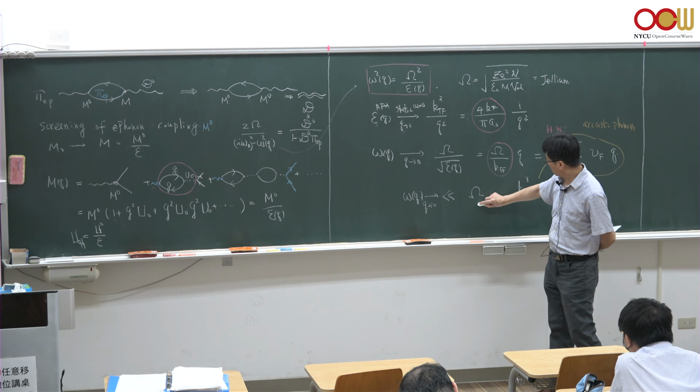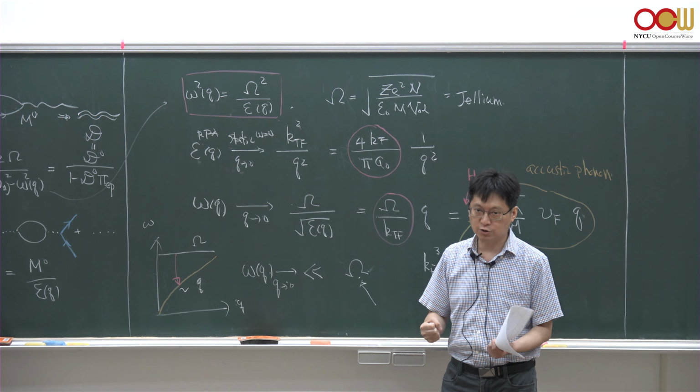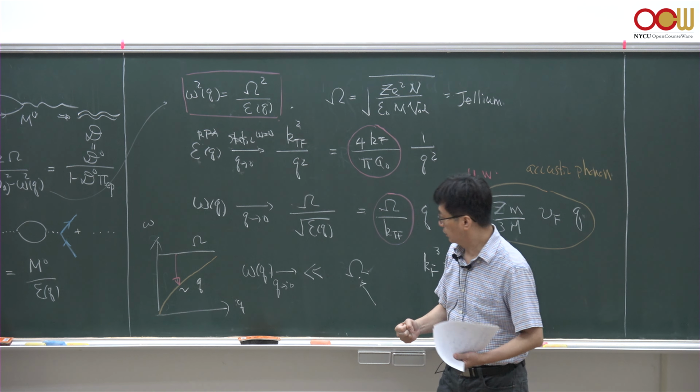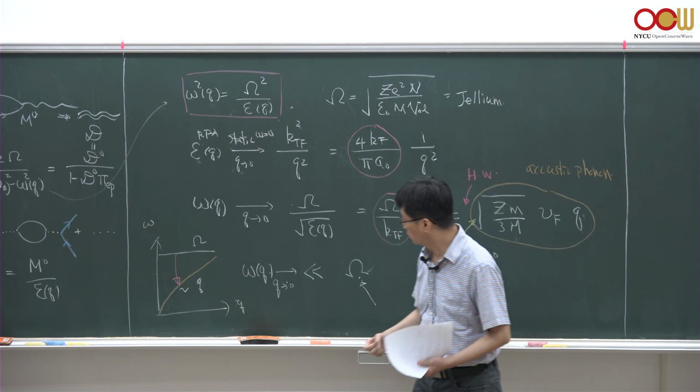Remember, this epsilon serves as a kind of screening of a long-range Coulomb potential, and without the screening, we only get a constant phonon frequency, but with the screening of electron-electron interactions, the phonon frequency gets renormalized to this acoustic phonon, okay? Which means that we need to consider a short-ranged Coulomb repulsion between electrons to correctly reproduce this acoustic phonon mode.